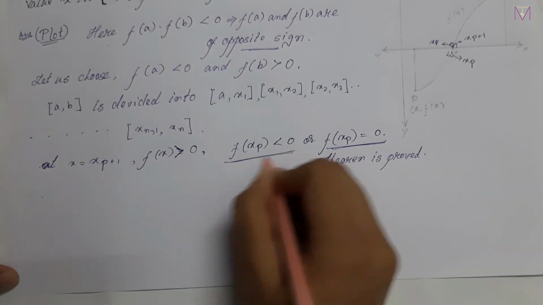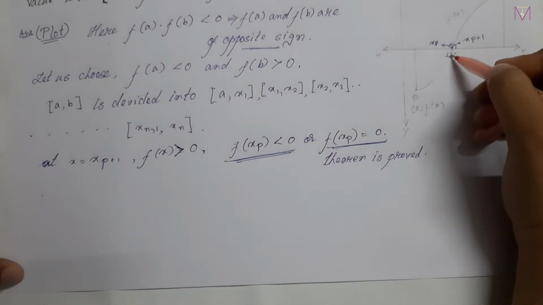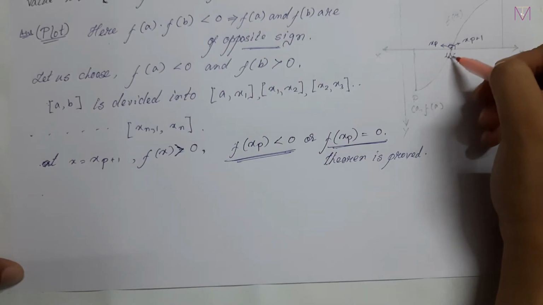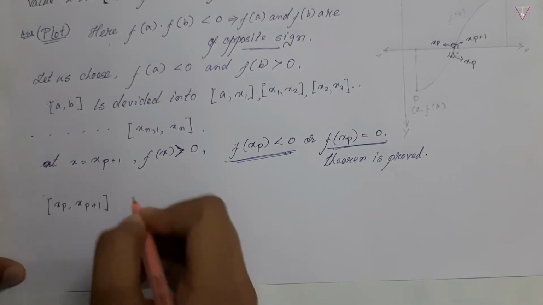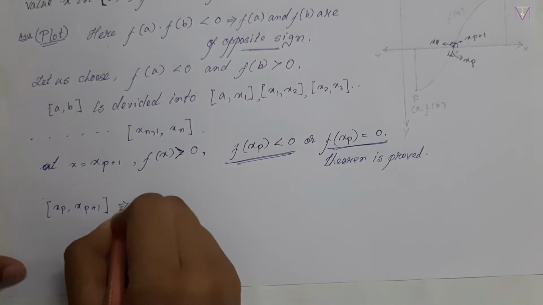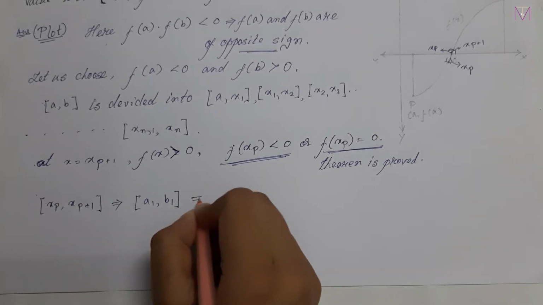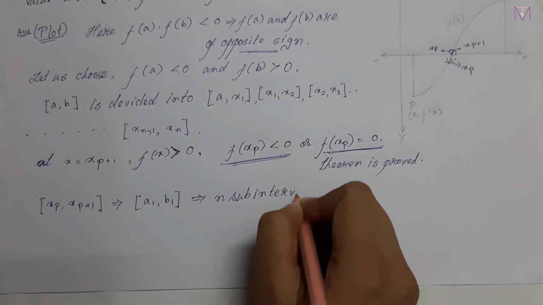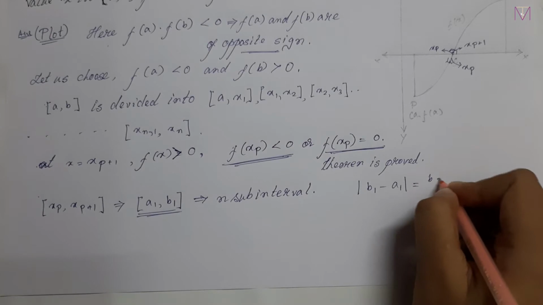But if this case does not occur, then what can we say? Then obviously the interval (x(p), x(p+1)) will again be divided into n subintervals. To do this, we just rename it as (a1, b1), and now this interval will be divided into n subintervals. So here the length of (a1, b1) will be (b minus a) by n.